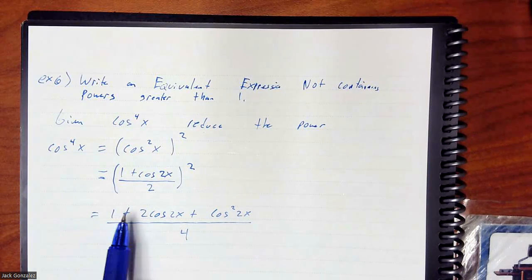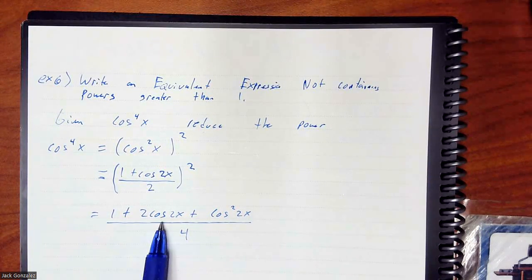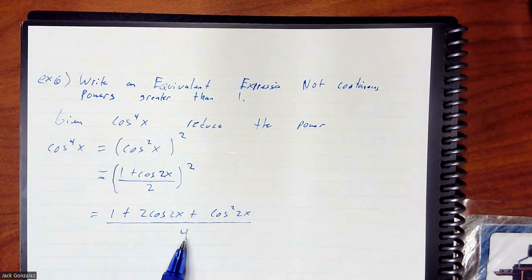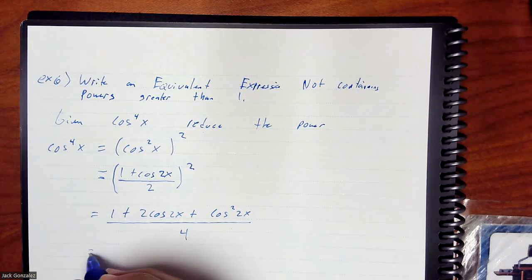So everything has a power of 1 on the trig functions except this guy. So you're gonna have to do the identity one more time. The fourth looks weird, so I'm gonna pull out the fourth in front so we don't have to write it as much. Takes up a lot of space.